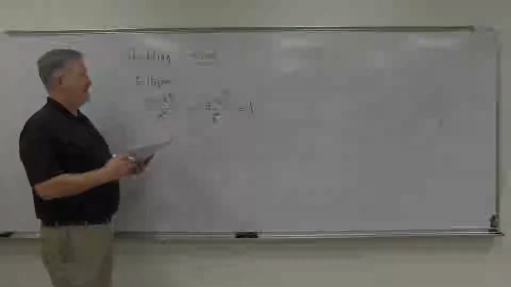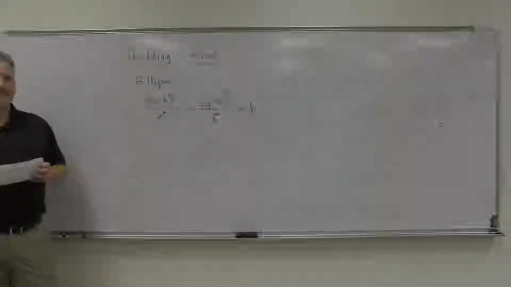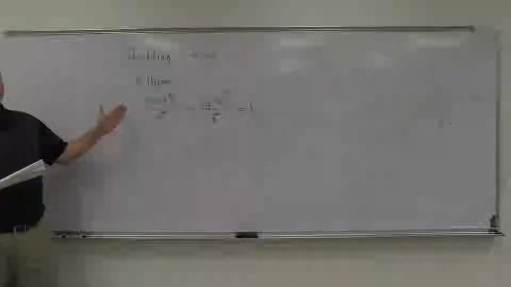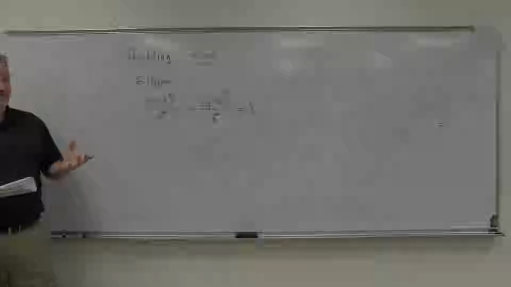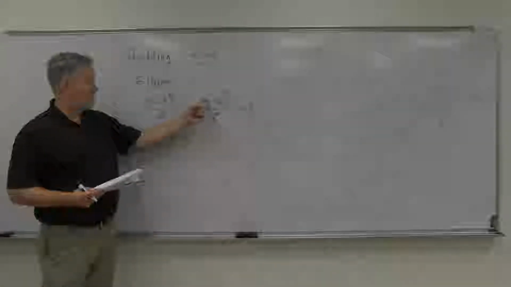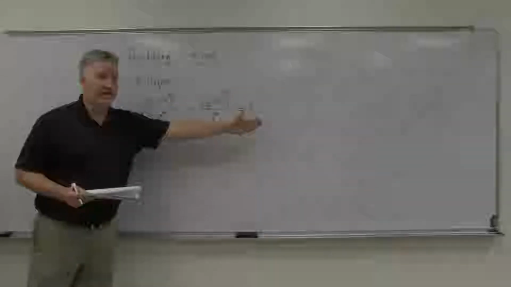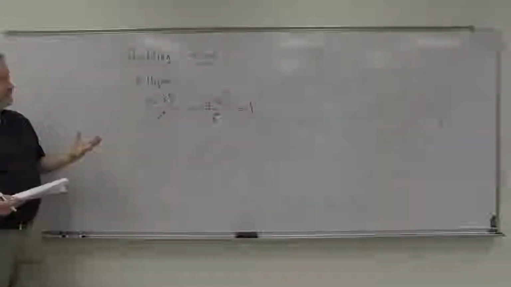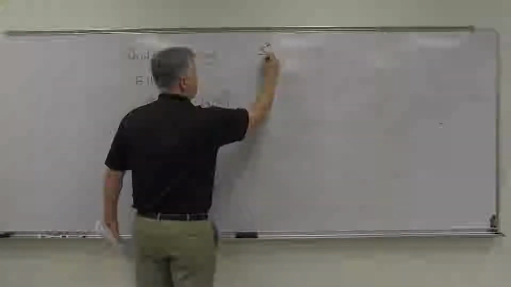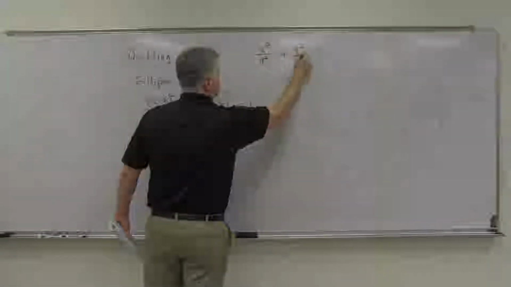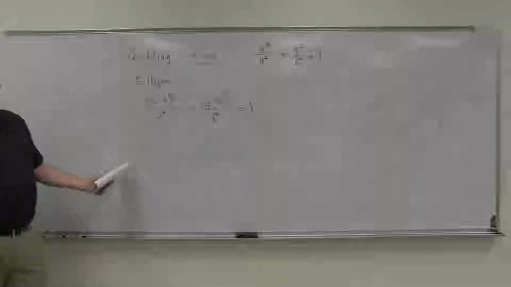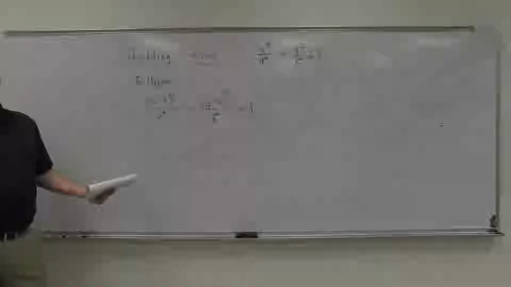If we have an equation that either begins looking like this or we can put into this form, where you've got (x minus h) squared over a squared plus (y minus k) squared over b squared equals 1, that is hopefully obviously related to what we talked about last time: x squared over a squared plus y squared over b squared equals 1.